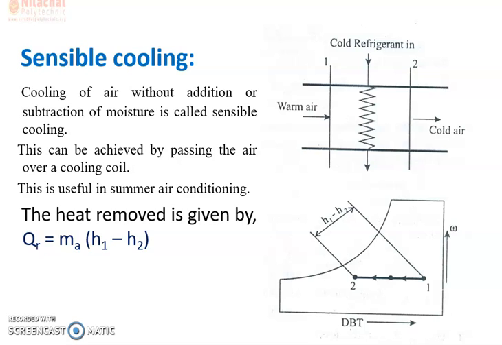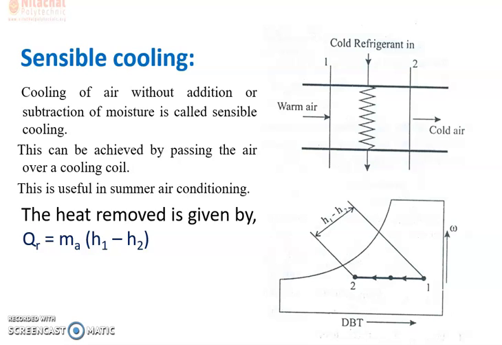The process of sensible cooling on the psychrometric chart is the horizontal line 1 to 2 extending from right to left, and point 3 represents the surface temperature of the cooling coil. How much heat is rejected during sensible cooling? It is nothing else but the enthalpy difference, H1 minus H2.